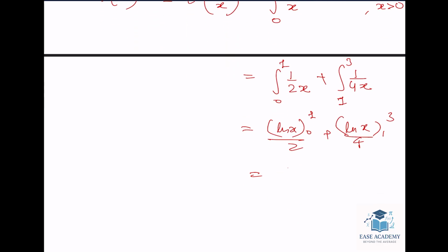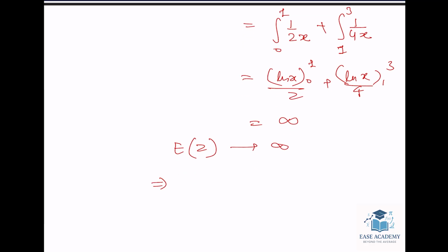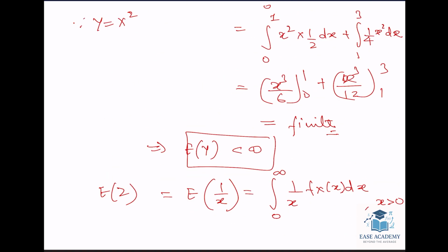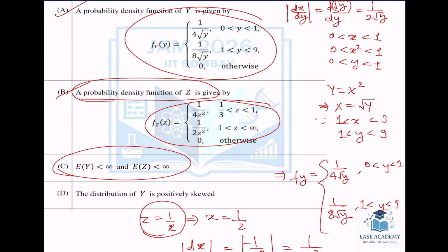Here we can see this is taking as infinity. That means expectation of z tends to infinity, and that implies expectation of z is not finite. That means option number C is wrong.